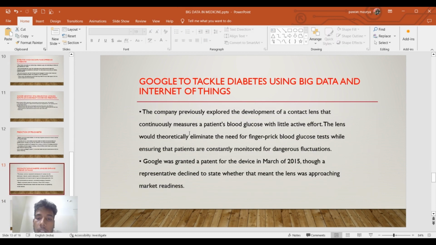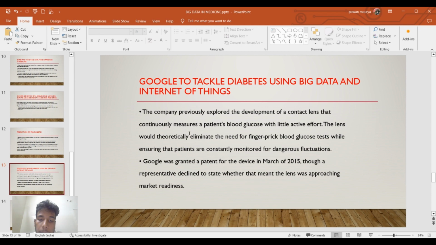Google to tackle diabetes using big data and Internet of Things. The company previously explored the development of a contact lens that continuously measures a patient's blood glucose with little active effort. The lens would theoretically eliminate the need for finger-prick blood glucose tests while ensuring that patients are constantly monitored for dangerous fluctuations.